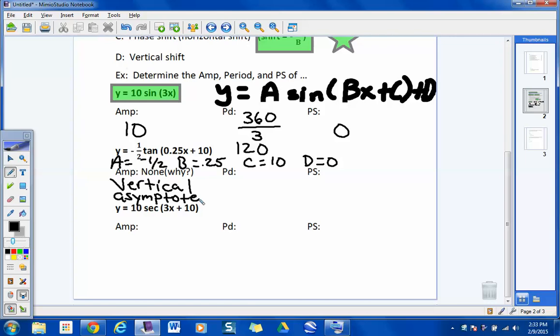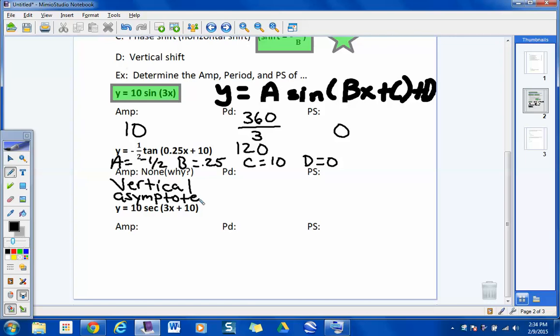Everything else had some kind of an asymptote, whether it was tangent, cotangent, cosecant, or secant. Of all these 6 functions up here, which ones can have amplitude? Sine and cosine are the only ones that can have amplitude. All the others won't have it because they have vertical asymptotes. Okay? That makes sense? Okay, so even though there's an a value there, the only time you're going to apply that a value is when you have sine or cosine.